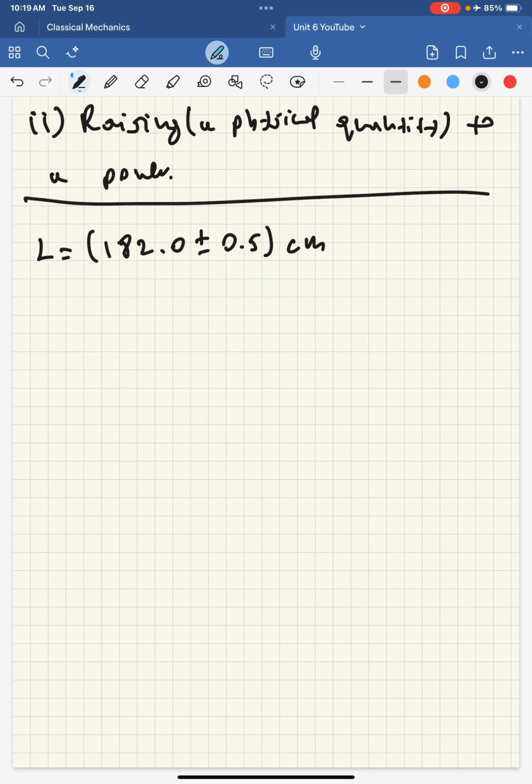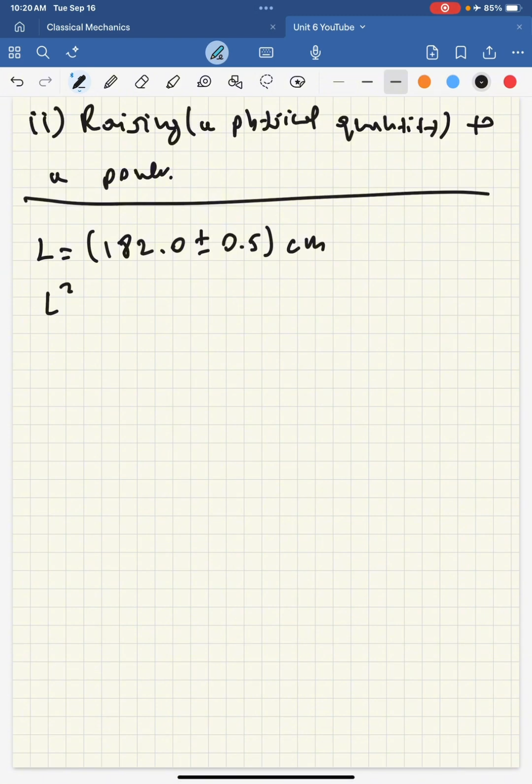Say the length of the side of a square is this, and you want to find L squared and the uncertainty in L squared.